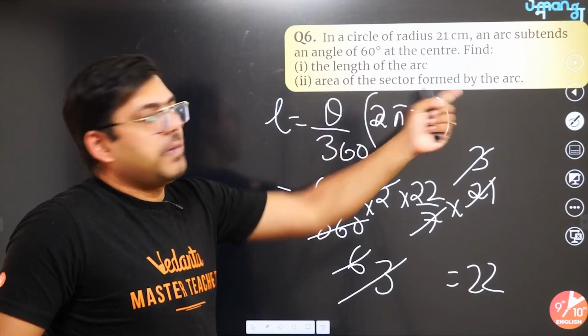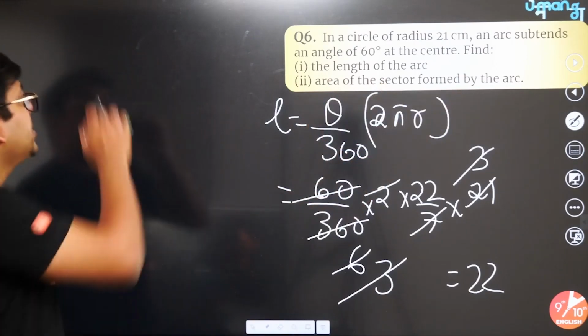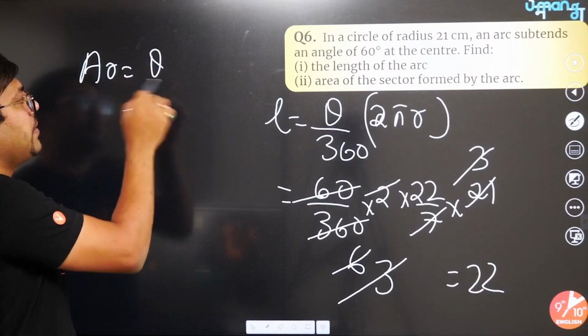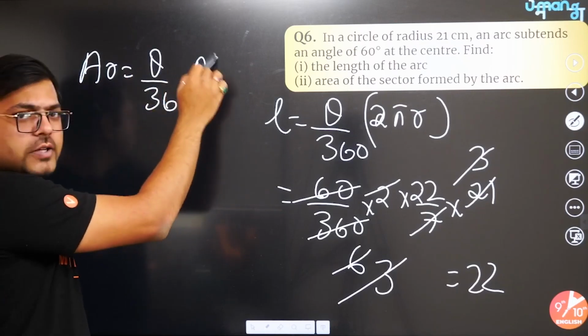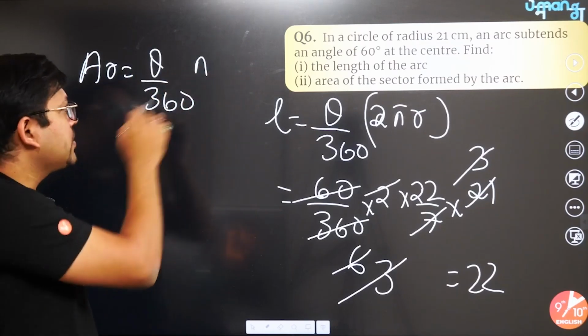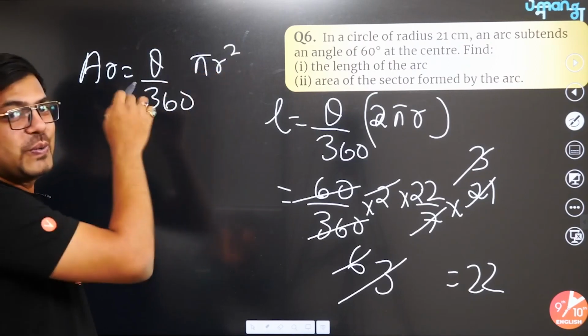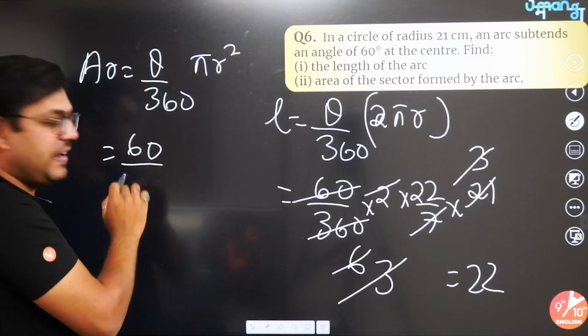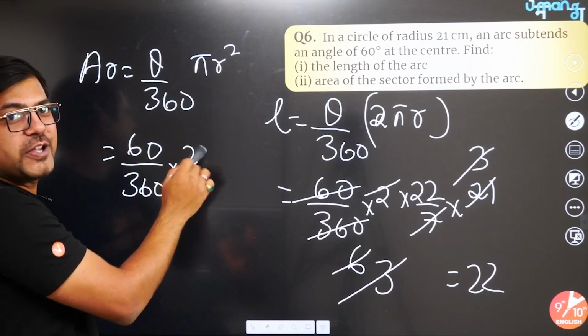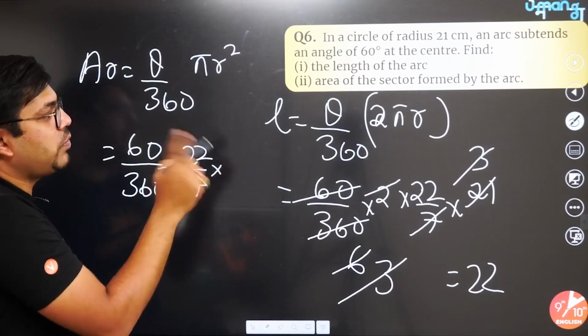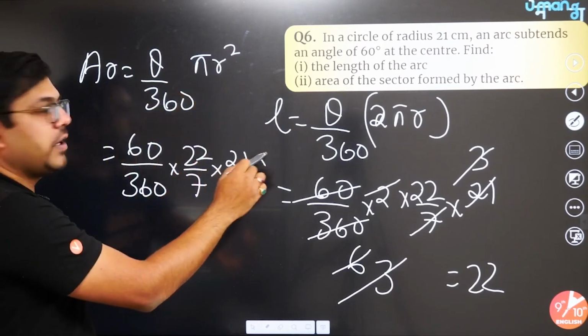Now the area of the sector formed by the arc. Again an easy thing. We all know area is theta by 360 into pi r square. Theta is 60, pi is 22 by 7, and the radius square is 21 into 21.